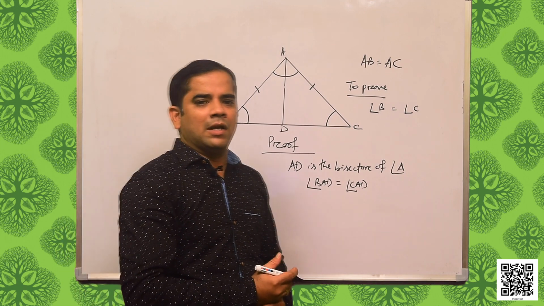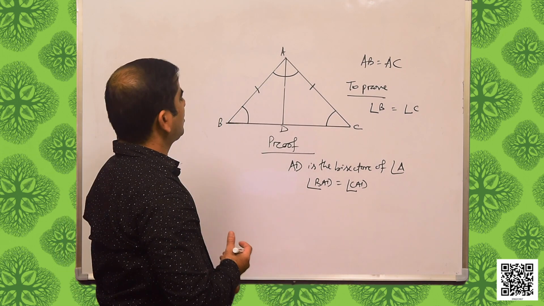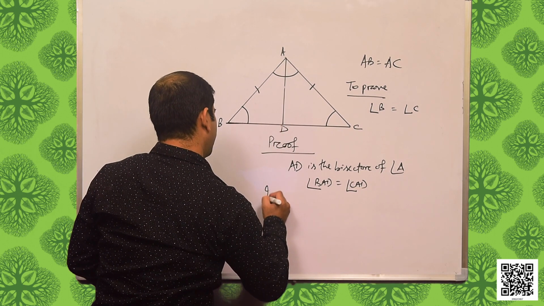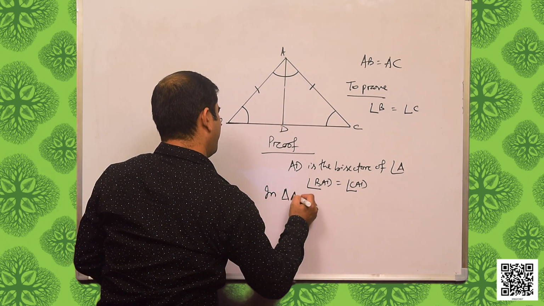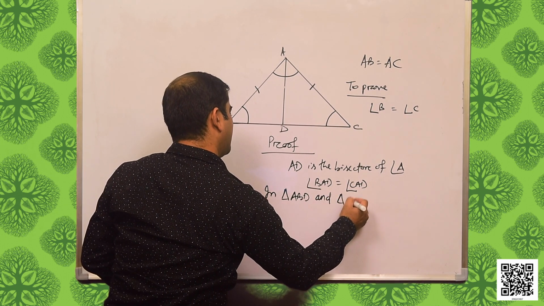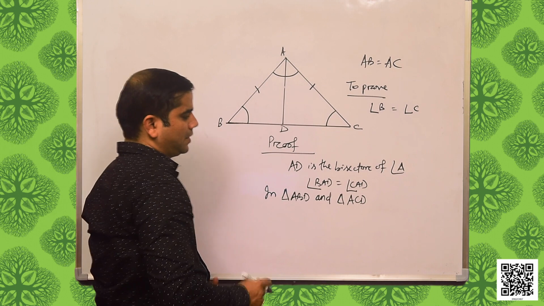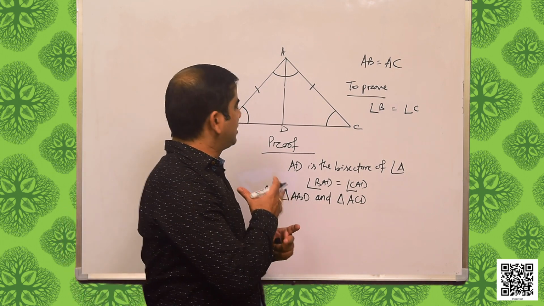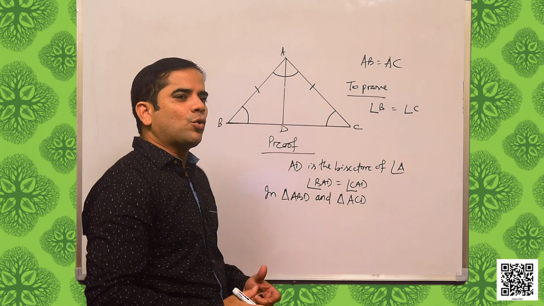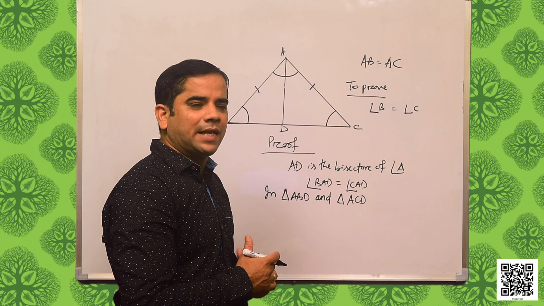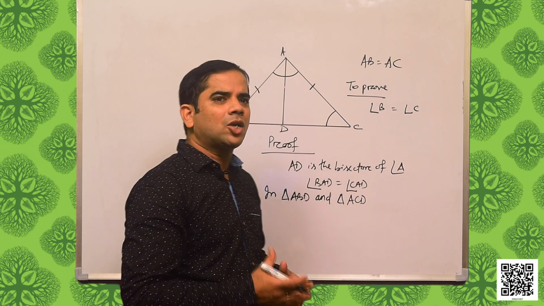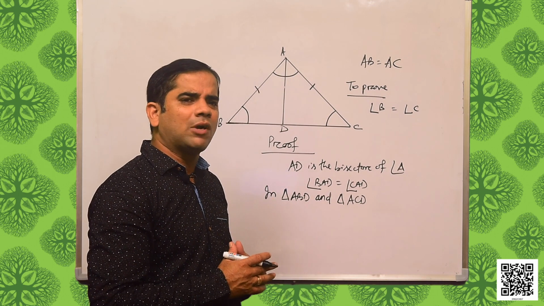Now, let us concentrate on triangles ABD and ACD. In triangle ABD and triangle ACD. Students, why am I doing so? We need to prove angle B is equal to angle C. We have known about congruency, and we know that when two triangles are congruent, then the corresponding sides and angles are equal to each other.